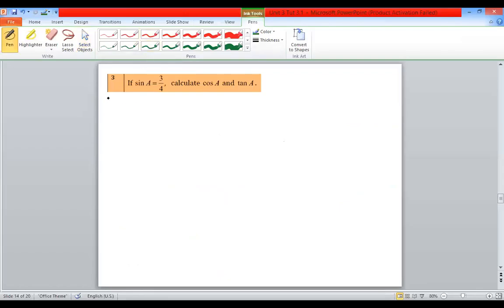Here you have been given sine A. This is 3/4. So first of all, you can draw the triangle.